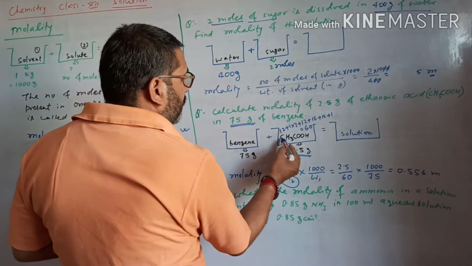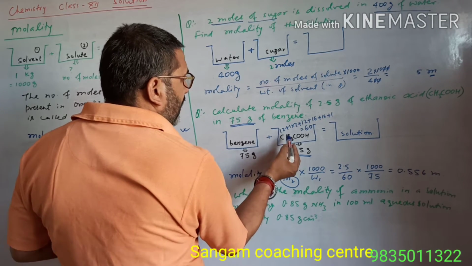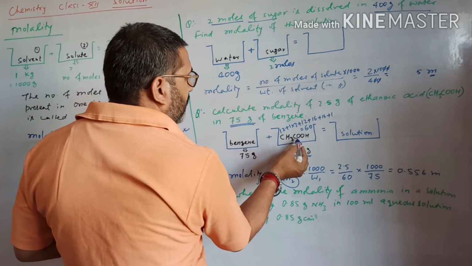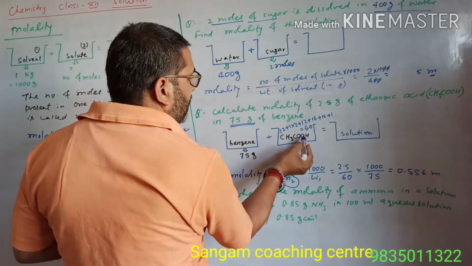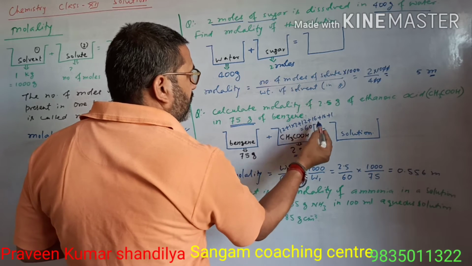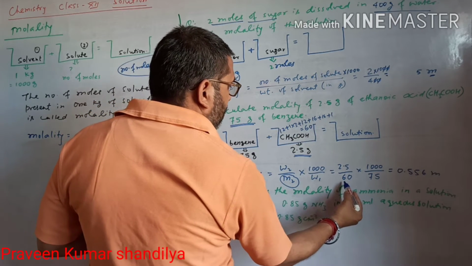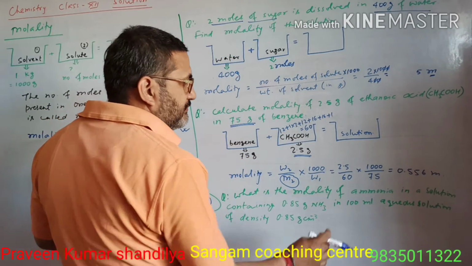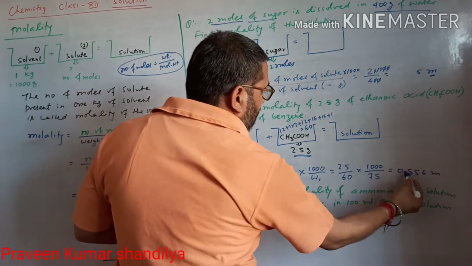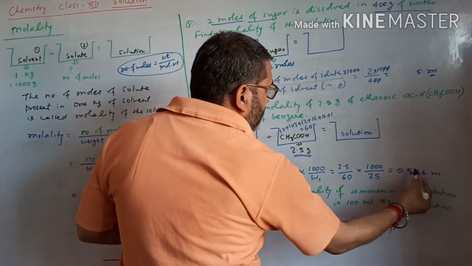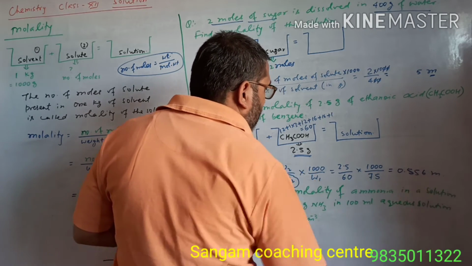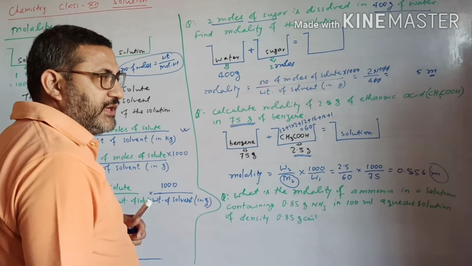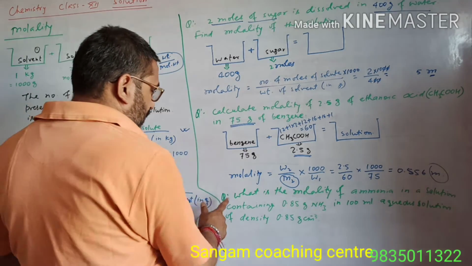We know atomic weight of carbon is 12 and atomic weight of H is 1, so 1 into 3 plus 12 plus 16 plus 16 plus 1. Then we have calculated it is 60. After calculating it becomes 0.556 m molality. Is it clear? Any problem?